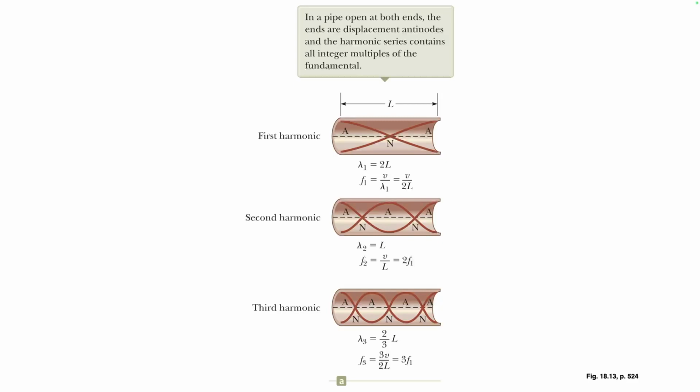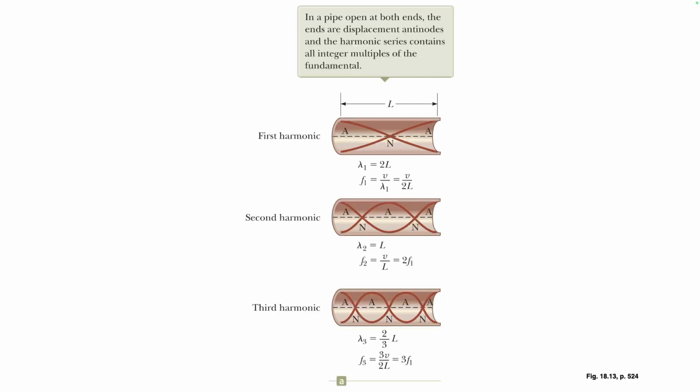If we just go from a peak to a trough, is that a whole wave? No, that's only half of a wave, isn't it? Because a full wave would be a peak to a trough to a peak, or a trough to a peak to a trough. You've got to get back to where you started. So this is only half of our wave, and so our wavelength will be twice the length of this pipe, but that's exactly the same equation we got when we did standing waves on a string.